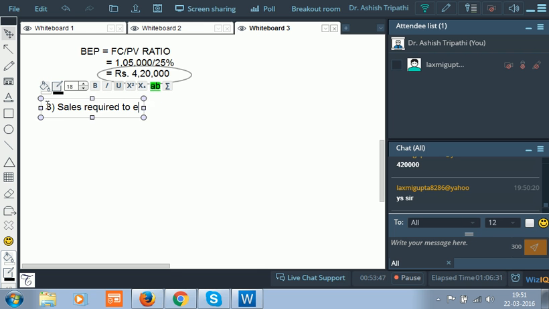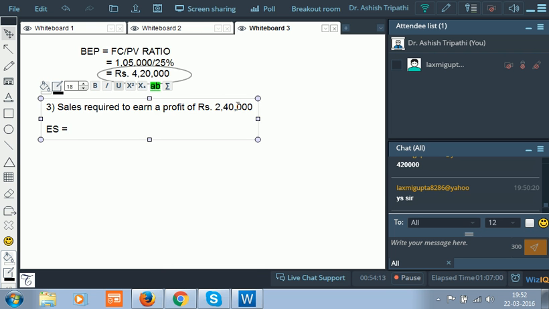Third, sales required to earn. एग्जाम में भी आपको ऐसे हेडिंग देना पड़ेगा, you cannot directly start solving. Sales required to earn a profit of rupees 2,40,000. We'll have to apply the formula for expected sales.